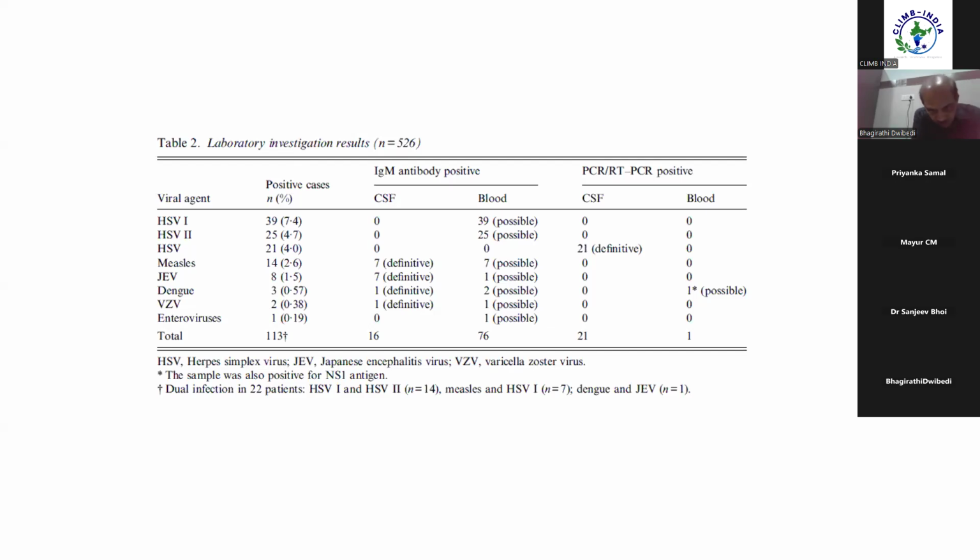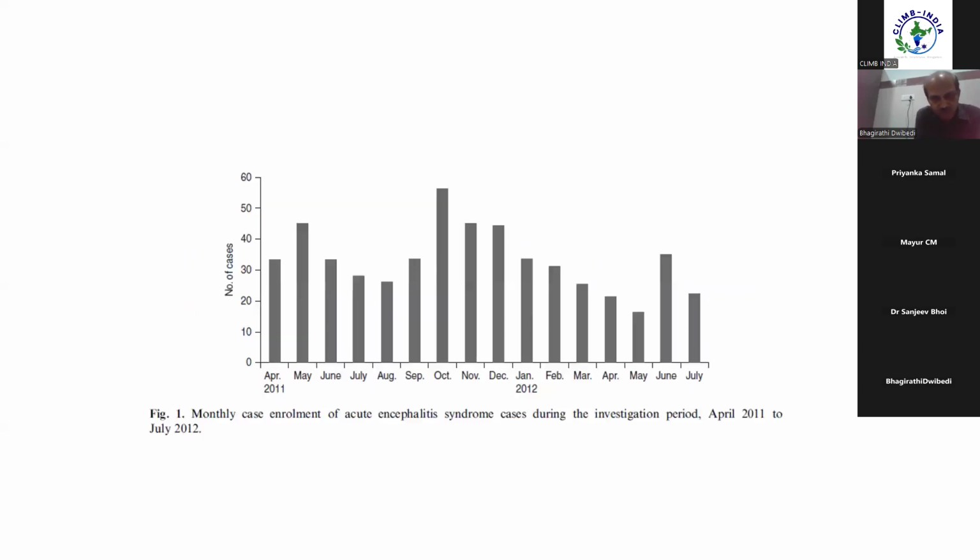If you look into the causes for that, HSV 1 and 2 were the common ones, followed by measles, Japanese encephalitis, dengue, varicella zoster, and enteroviruses. Though in the Western world, we are getting many enterovirus positives, here we are not getting enterovirus positivity in a sufficiently large number of samples, even if we suspect it sometimes.